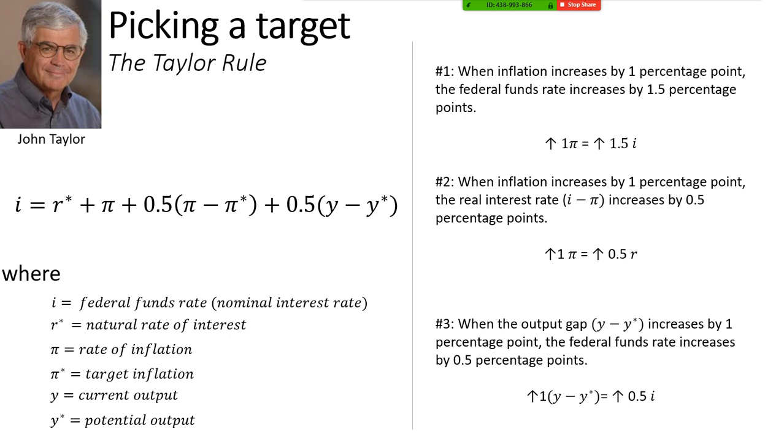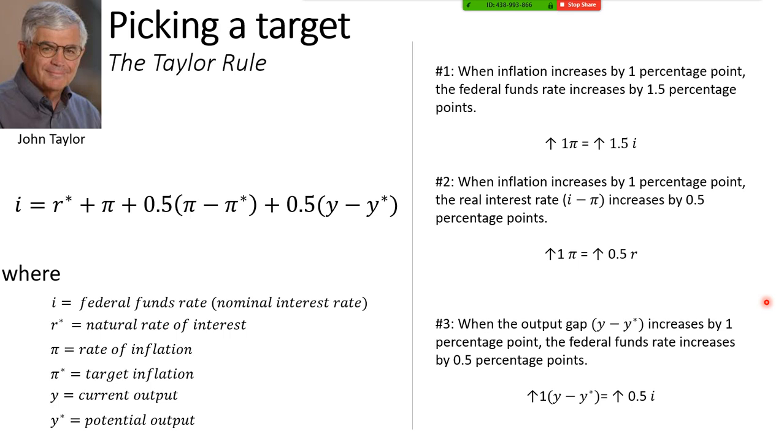Okay, but the second thing that we see is that if inflation increases by 1 percentage point, then the real interest rate increases by 0.5 percentage points. Okay, so when inflation goes up, so does the real interest rate. Okay, this we know from using the first rule as well. So when the rate of inflation increases by 1 percentage point, then the nominal interest rate, or i here, we also know increases by 1.5 percentage points.